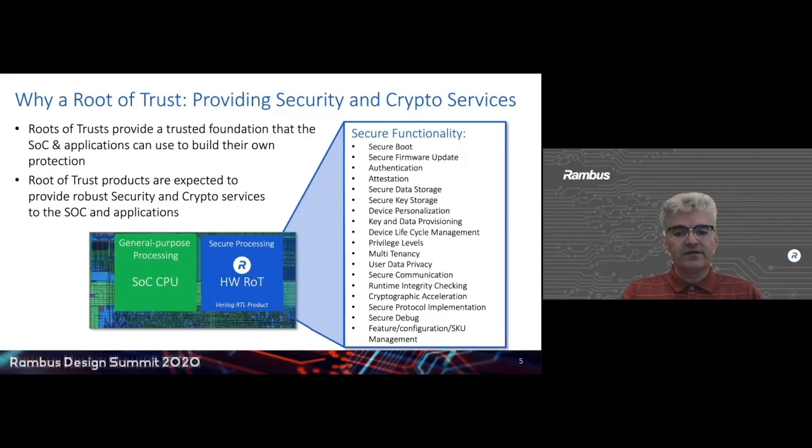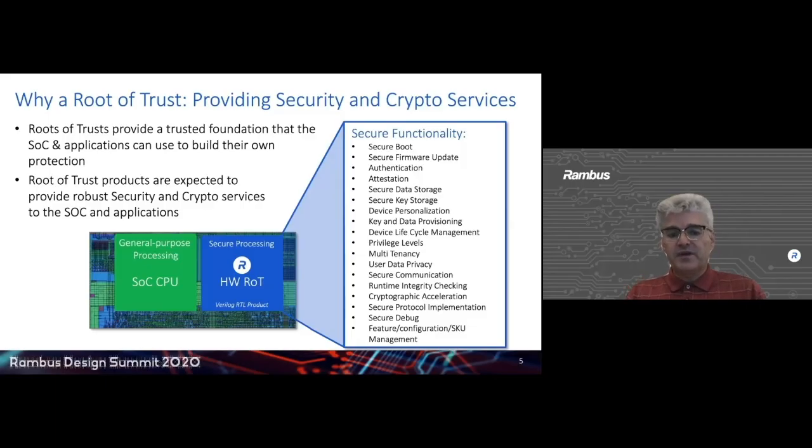So this graph here, which is very simplified, in the green shows the general purpose processing subsystem. The CPUs could be GPUs, video processing, the whole application implementation of a device. And then in the blue, that's the secure processing block, that hardware root of trust.